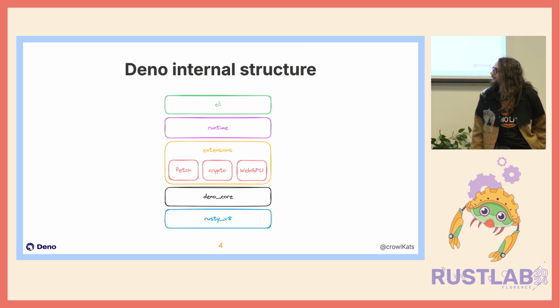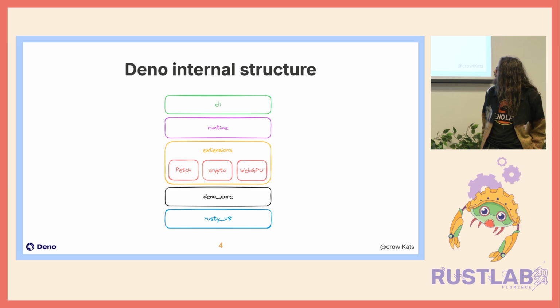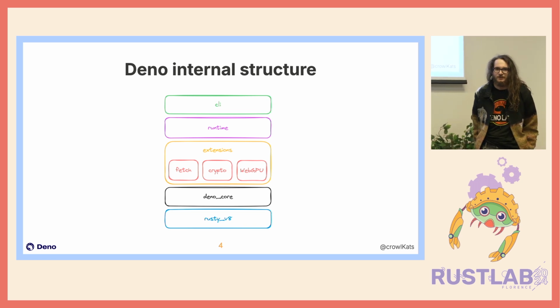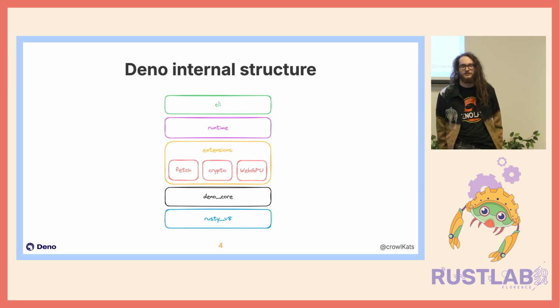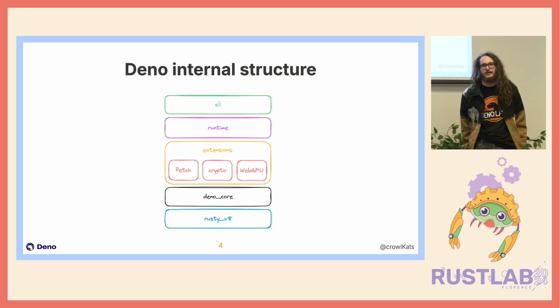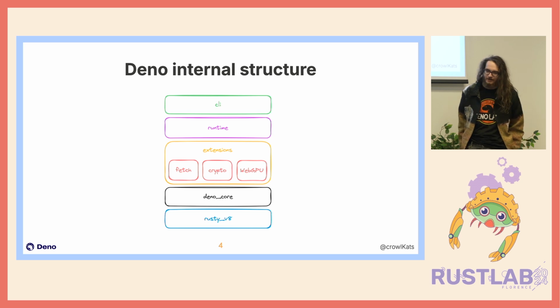So this is more or less the internal structure of Deno. It starts off with Rusty V8, which is the Rust bindings for the V8 engine, which is Chromium's JavaScript engine. And on top of that, we have Deno Core, which is a wrapper on top of that, relatively lightweight, but makes interacting with V8 much better.